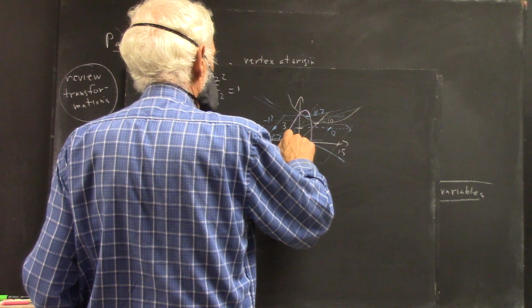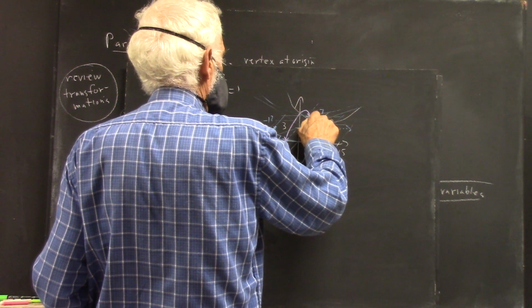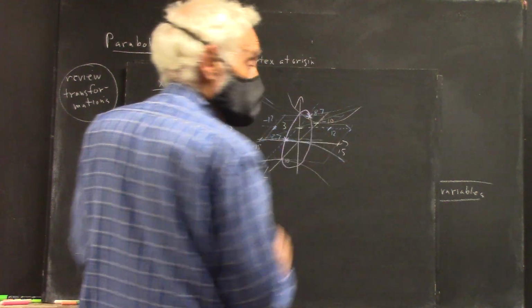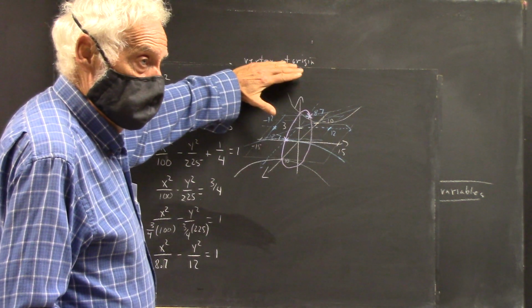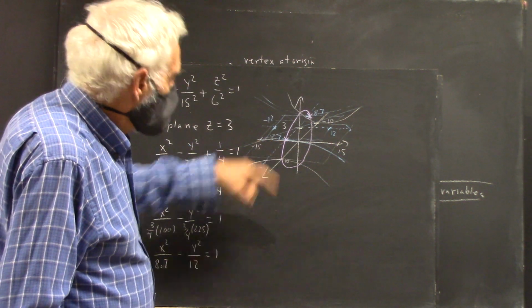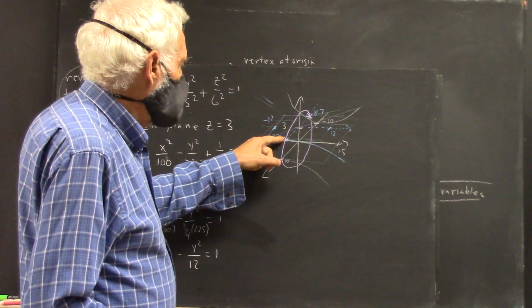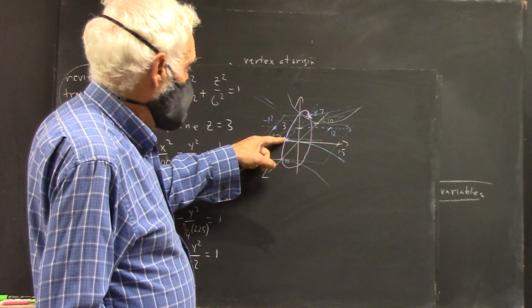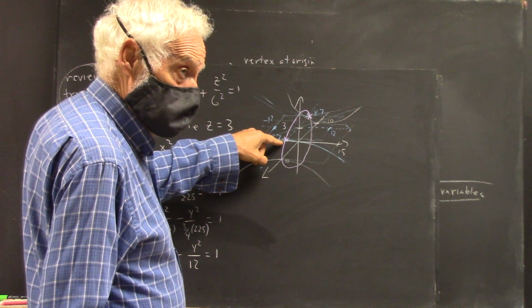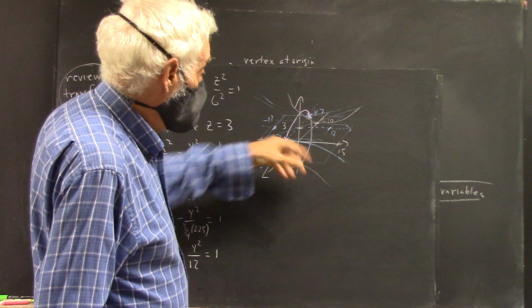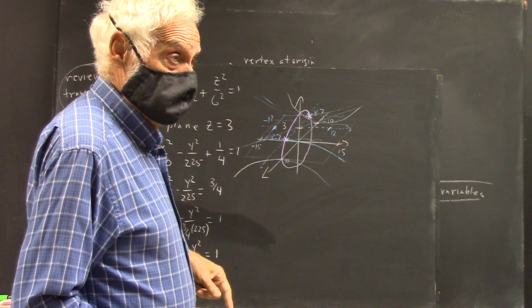And this hyperbola meets this ellipse in the plane where z equals 3. Because of course, this has to be a point on the hyperbola, okay? But it's in the xz plane, so it also has to be on the ellipse.